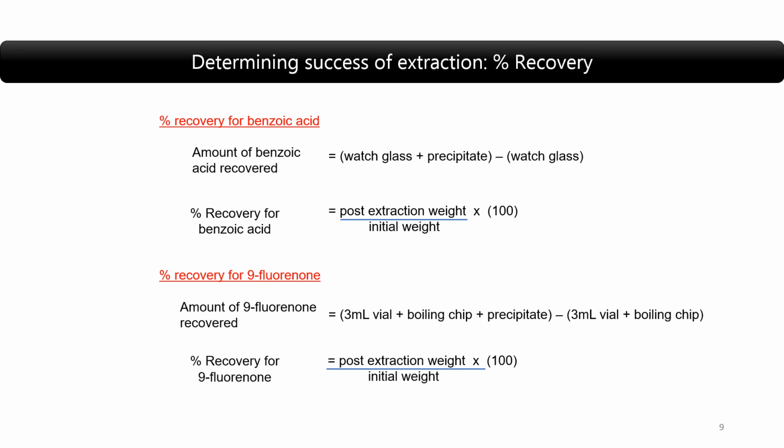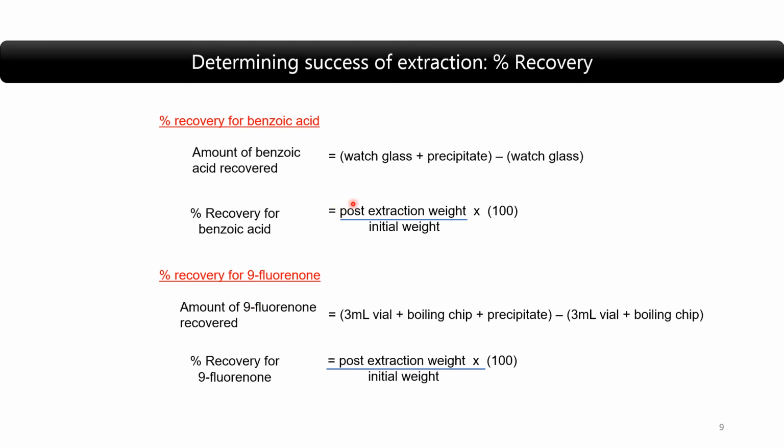To determine the success of your extraction procedure, you can calculate the percent recovery for each of the two compounds. So you can calculate the percent recovery for benzoic acid and the percent recovery for 9-fluorenone.